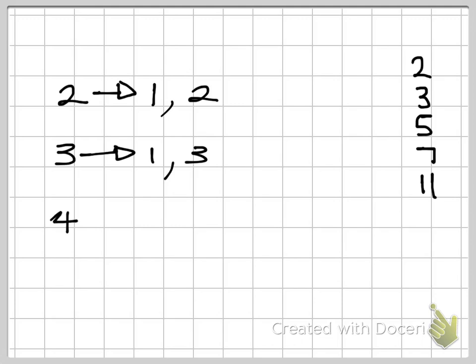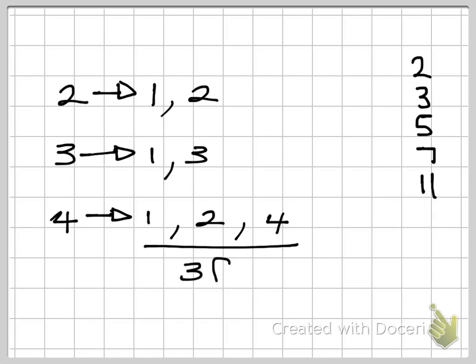If I were to ask you what are the factors of 4, always start by 1. So 1 and 4. 1 times 4 gives me 4. Then the next number would be 2, because 2 times 2 is 4. So this number 4 has 3 factors. Therefore, it is not a prime number.